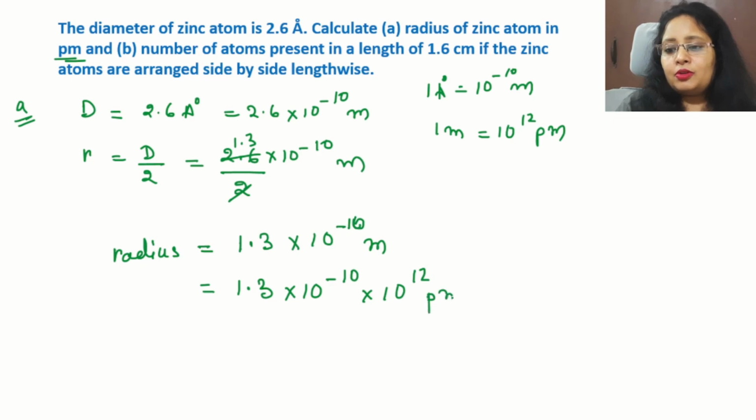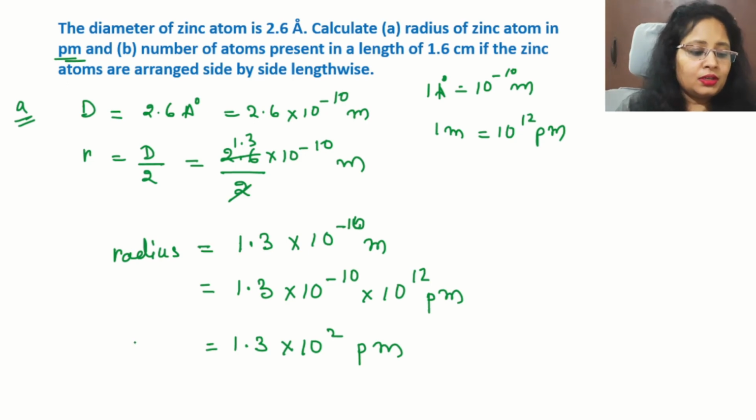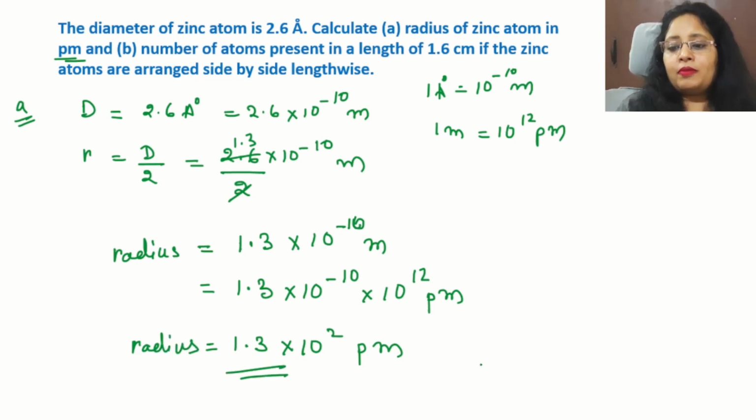Now it is picometer. Now 12 minus 10, it becomes 2. So the answer will be 1.3 into 10 to the power 2 picometer. This is the answer of the part 1 of the question. Radius is 1.3 into 10 to the power 2 picometer.